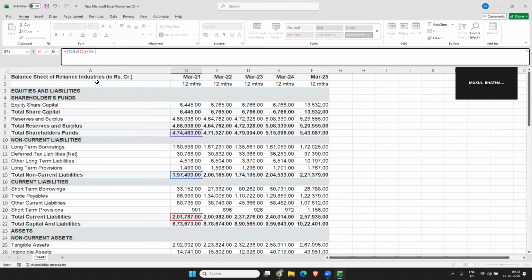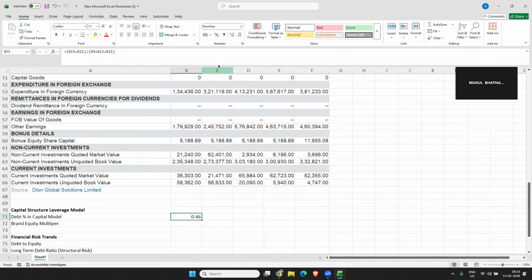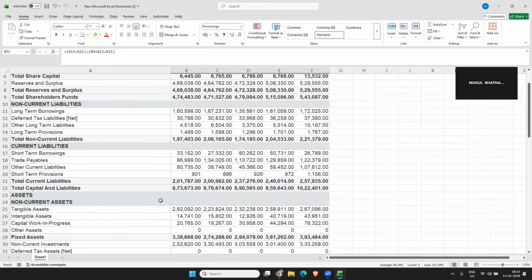That is the summation of non-current liability plus current liability. So make sure that you are also writing the formula. Let me put a bracket here and then I will press enter. I will convert it into percentage. So this is 45.69%. That is debt in capital model. I will drag it further so that you can have debt percentage for every year.